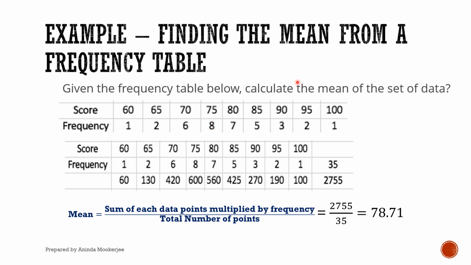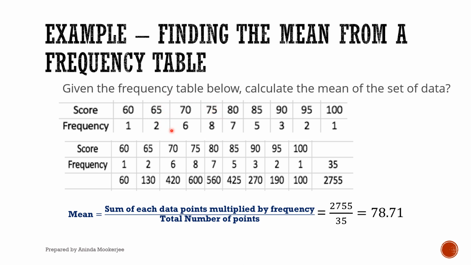So it's arranged in frequency table form, but you have to know that if the data were presented as raw data, it would look like this: 60, and then 65, 65 appearing twice, and then 70 occurring 6 times, then 75, 75, 75, all that. And when you're summing up, you would be summing up 6 70s, 8 75s, 2 65s, and so on.